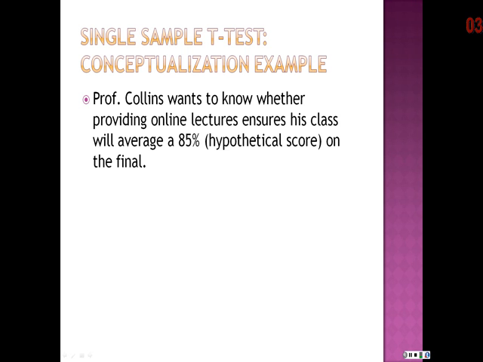The other way to use a single sample t-test is in an example like this. Say I want to know whether providing online lectures ensures that my class will average 85% on the final. And so that 85% is a hypothetical score at this point. And so what we're doing is we're comparing that hypothetical 85% to actual student final scores on the final exam.